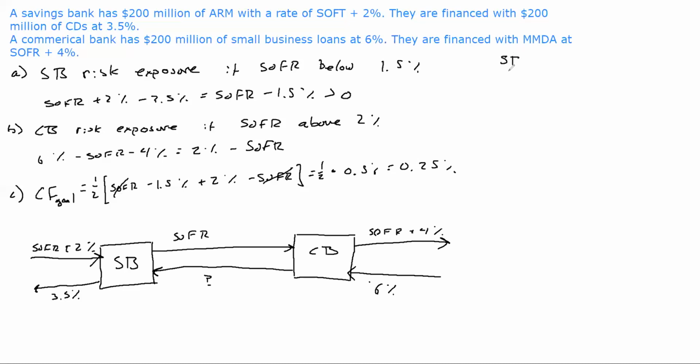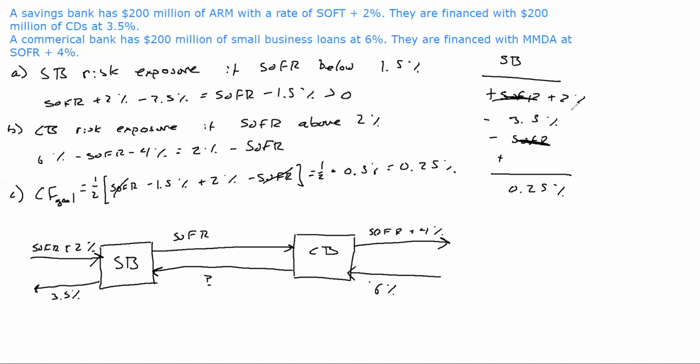Let's do the savings bank first. So we know for the savings bank, they are receiving the overnight financing rate. They are receiving 2%. They are paying 3.5%. They are paying the financing rate. They are going to receive some number from the commercial bank in order for this to work out and equal 0.25%. So what would that be? Our financing rate cancels out.